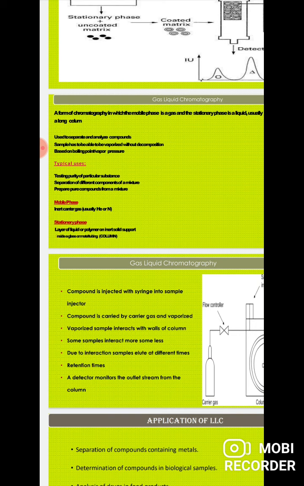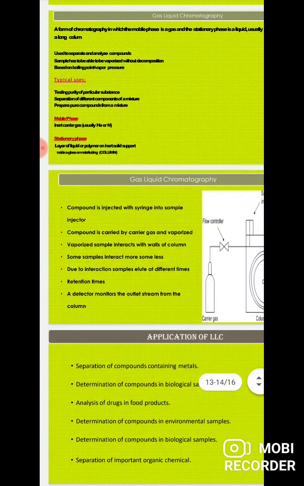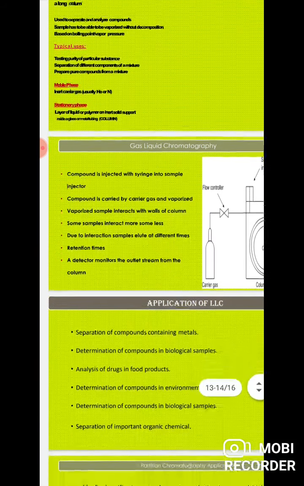Typical uses: testing the purity of particular substances, separating different components of a mixture, and preparing pure compounds from a mixture. The mobile phase is an inert carrier gas, that is helium or nitrogen. We can use a stationary phase that is silica bonded. The solvent is coated on the silica bonded plate.